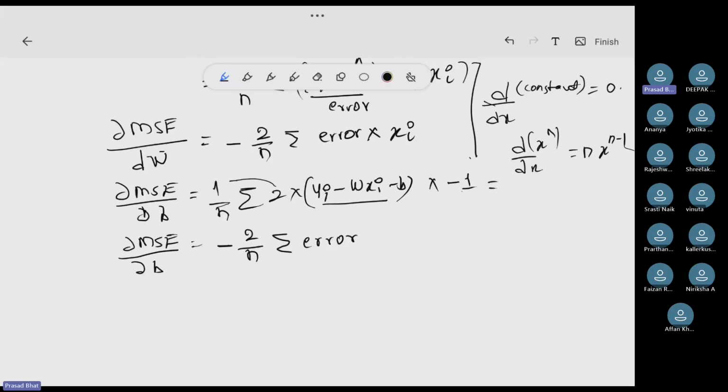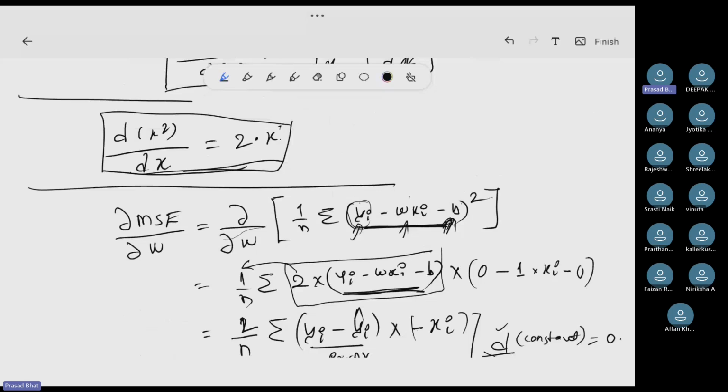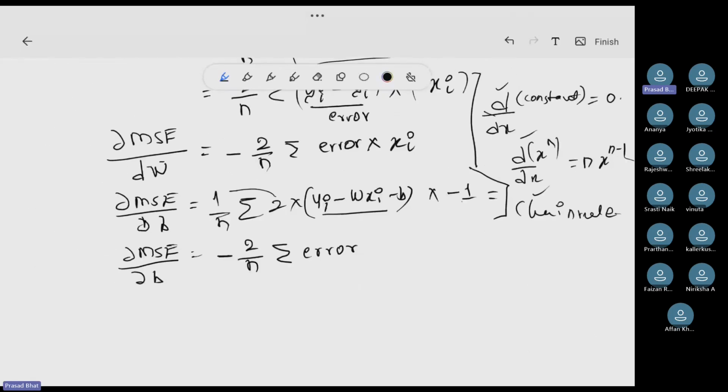And then the rule called chain rule that I have explained already. These three things, if you know, then it is good enough. I tried to explain it as simply as possible. Just go through the video once again if you haven't. Even then, if you don't understand, you just ask me. I will explain it once again later. Cool. Please remember this. I will take the same expression later in the program as well.